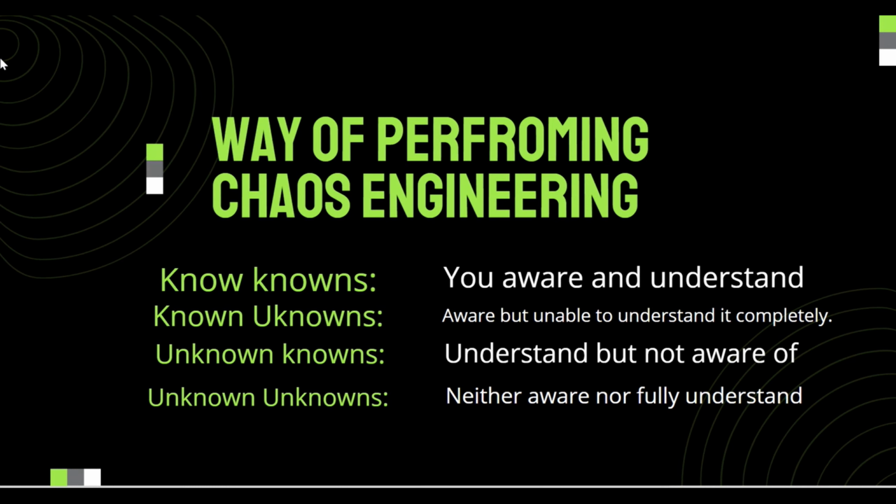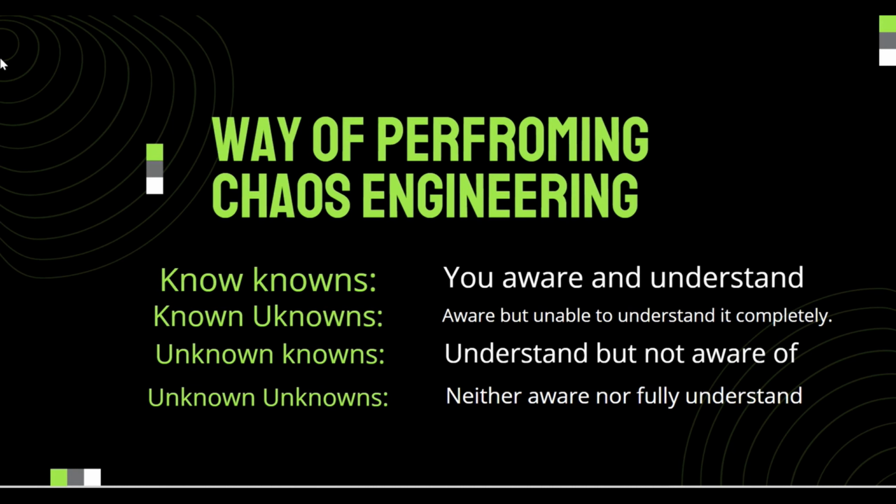The next situation is known unknowns. You are aware but unable to understand completely, right? So you know that if some replica goes down, it will definitely be removed from the cluster, but you do not understand the next process after that. There is another way called unknown knowns, where you understand but are not aware. It means that you understand but you are completely unaware of what will happen after that.